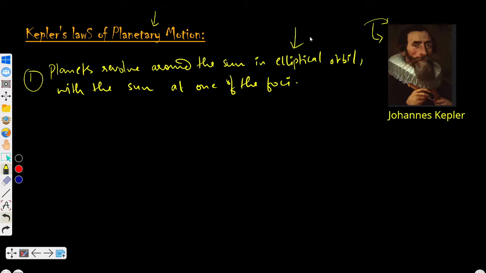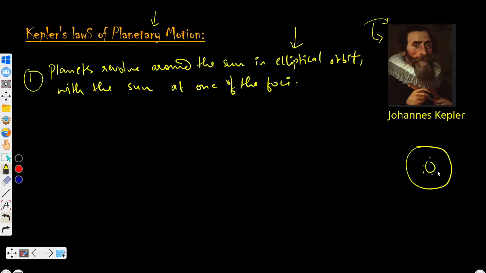Now, I hope elliptical orbit is clear to you. The shape of the orbit of any planet which revolves around the sun is elliptical, because people before Kepler just assumed that the orbits of all the planets are circular. The reason was that the orbit of Earth is nearly a circle.